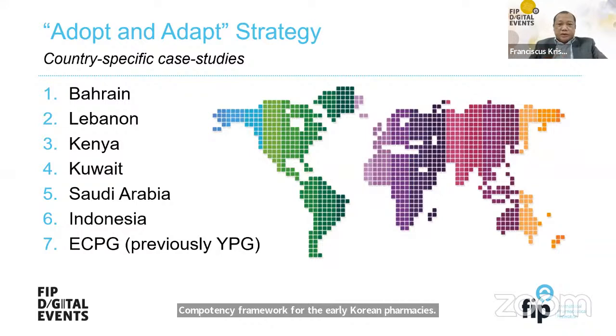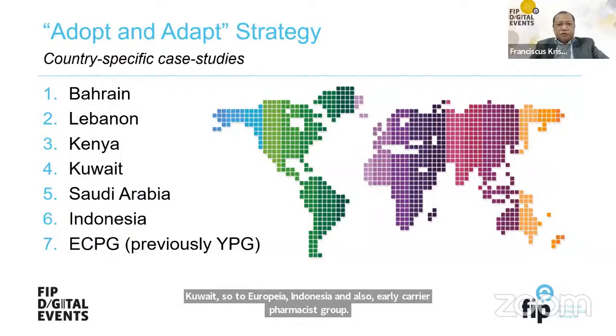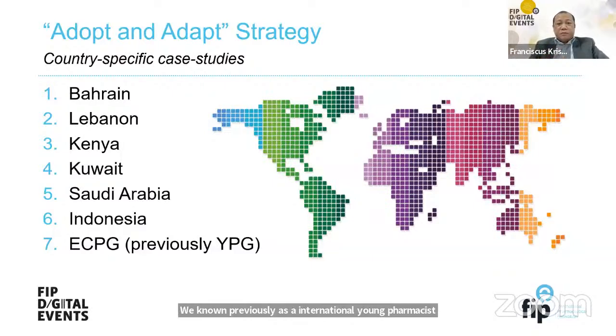Some of the countries that have been in the process of using the global competency framework with an adopt and adapt strategy, as reported in this handbook, are Bahrain, Lebanon, Kenya, Kuwait, Saudi Arabia, Indonesia, and also the Early Career Pharmacist Group, known previously as the International Young Pharmacist Group. And representatives from some of these countries will present their progress and results in more detail afterwards. Next, please.